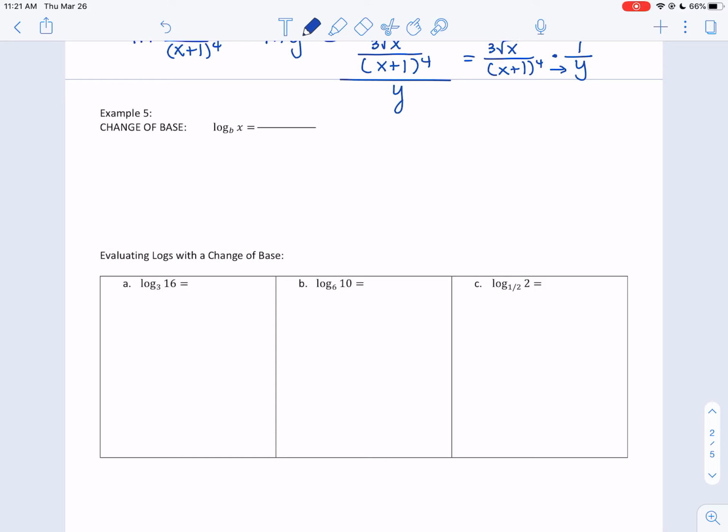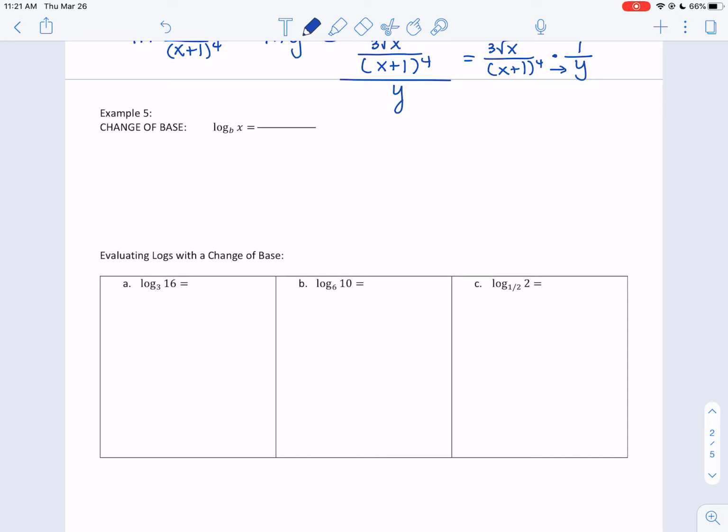Well, there is definitely one way that we can rewrite those expressions, and we can do it by changing the base. If you have log base b of x, notice it almost looks like the x is quote-unquote on top, and the b, in a way, is quote-unquote on bottom.